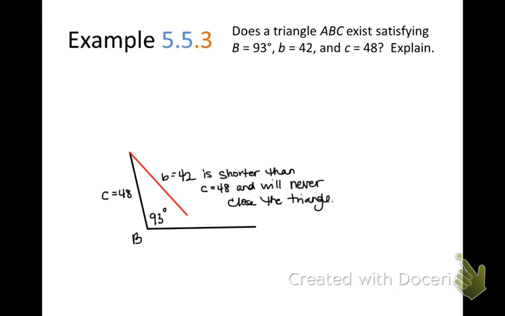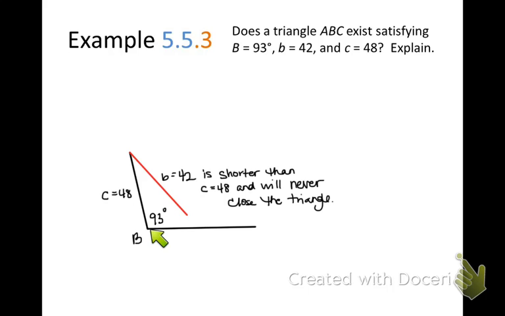Any questions on that? Yes. Can we say that B is going to be the largest angle, so therefore side B has to be the longest side, so there's no triangle? You could say something like that as well. Yep. So Shane just asked, could I say something along the lines of B has to be the largest angle?